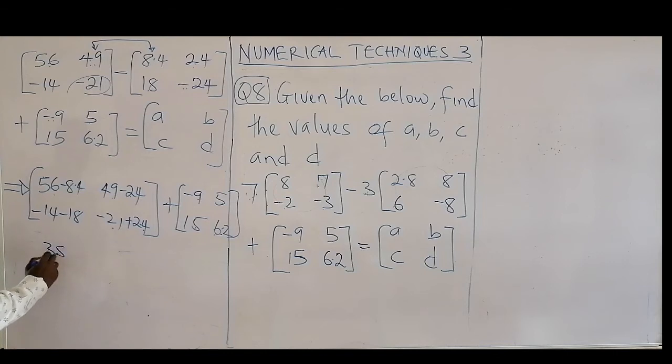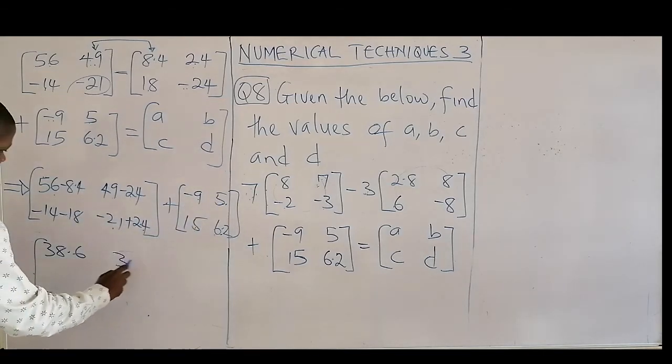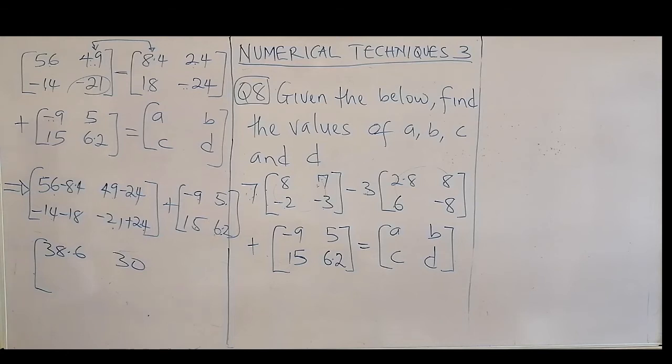So I have now 56 minus 8.4 plus minus 9, that's 38.6. Then 49 minus 24 plus 5 here, okay, that's 30. Minus 14 minus 18 plus 15, that's minus 17 here.